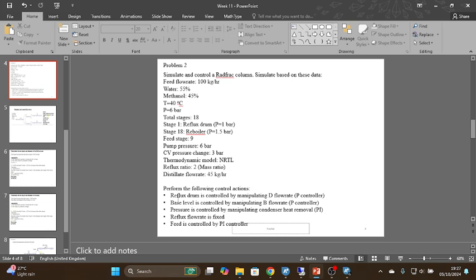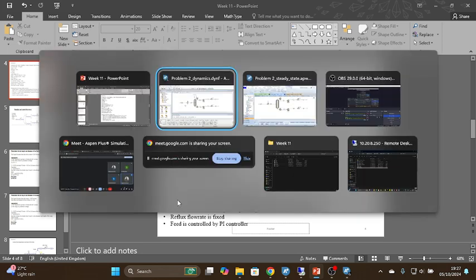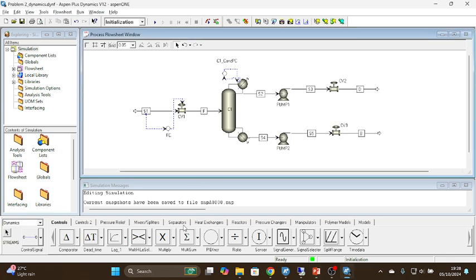to control the liquid level in the reflux drum. So how are we going to do that? We are going to give another controller over here.